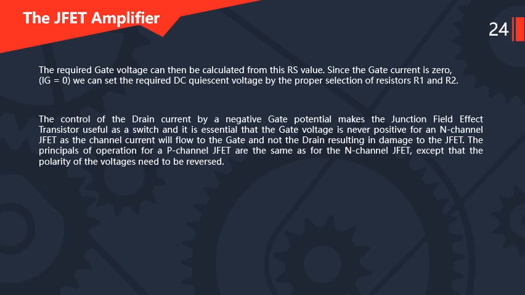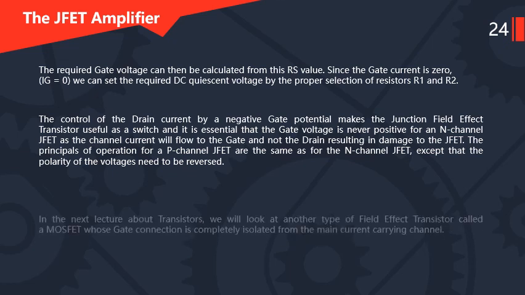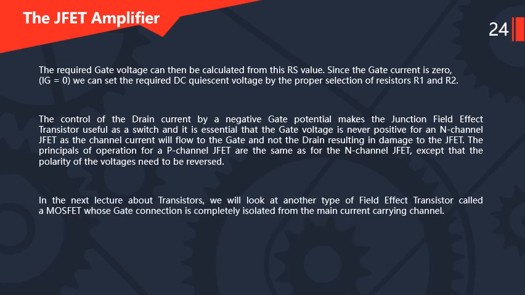The principal operation of a p-channel JFET is the same as the n-channel JFET, except that the polarity of the voltages needs to be reversed. In the next lecture about transistors, we look at another type of field effect transistor called the MOSFET, whose gate connection is completely isolated from the main current carrying channel.